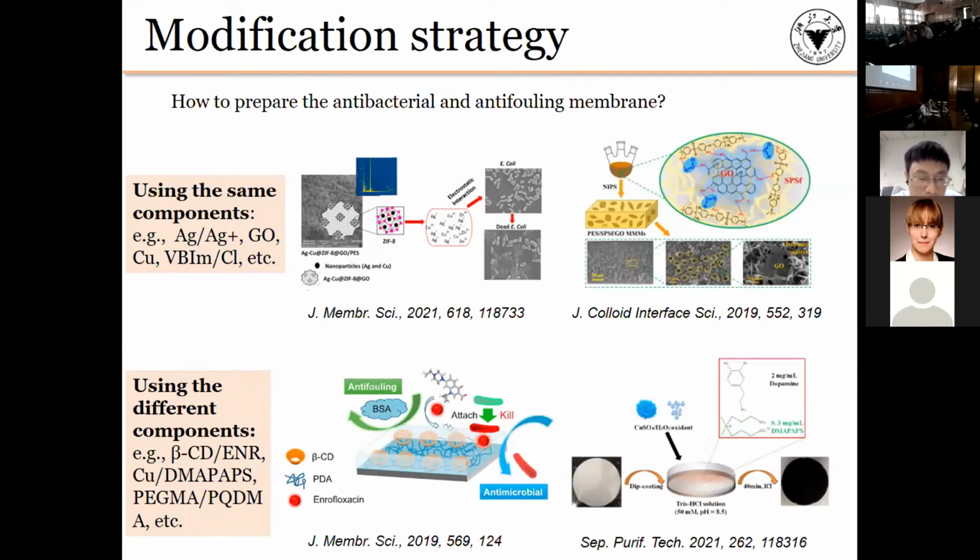But for the second type, the researchers construct two functional layers, using PEG, beta-CD, and zwitterionic copolymers to prevent organic fouling, and using some drugs, copper, and quaternary ammonia to reduce the biofouling.